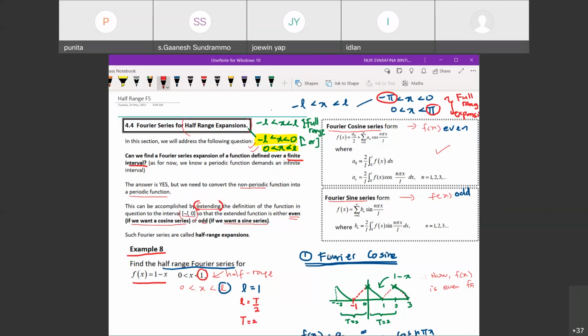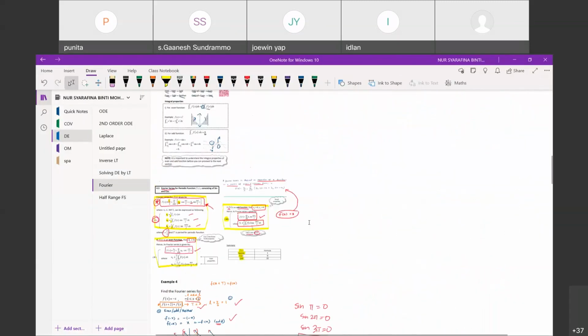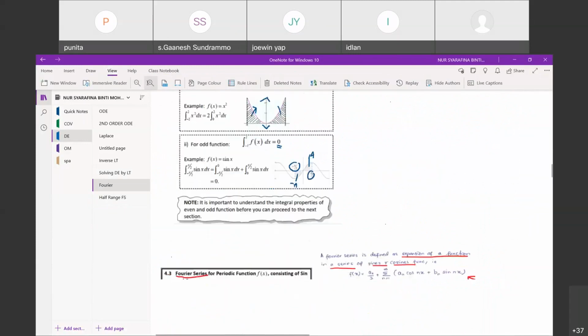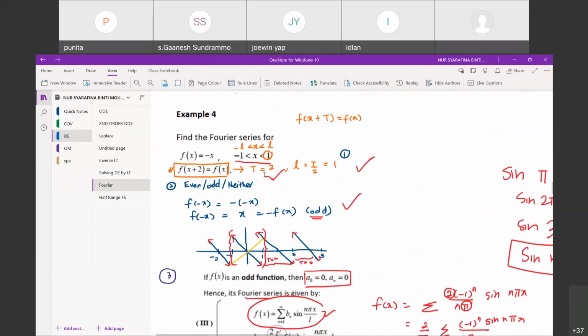Okay, previously, what we have done, in Fourier, you are given a function, and the function is already periodic function, where you just need to identify what is your L and T. And then you can just find the Fourier series by identifying that function is even or odd.